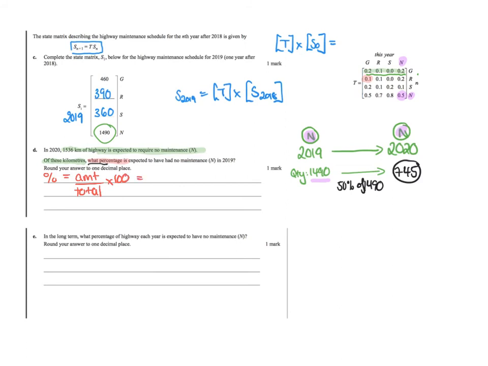Now you knew of these kilometers, so that's your total up there. So now we know the total is the 1536. Oh God, I can't write today. 1536, and then what amount of the 2019 did they come from? And we've worked that out. That's 745, and then we're going to times by 100 to get our answer.